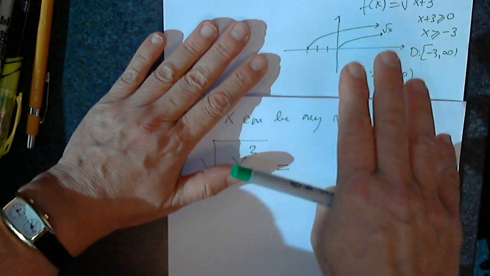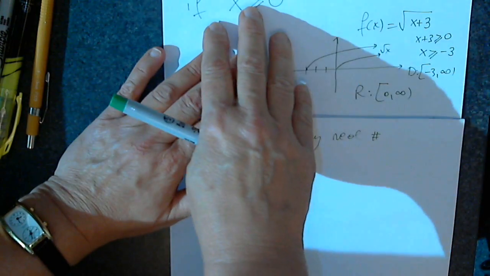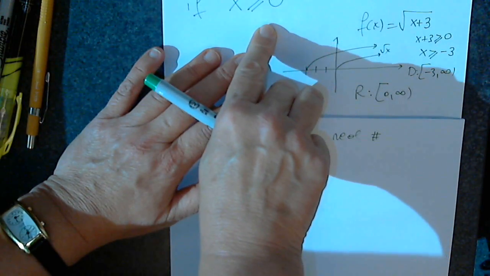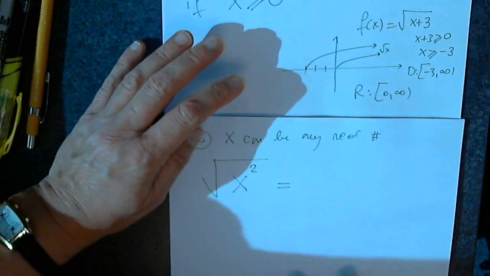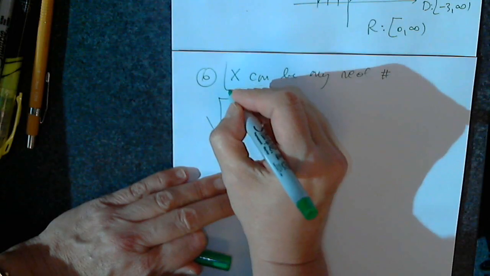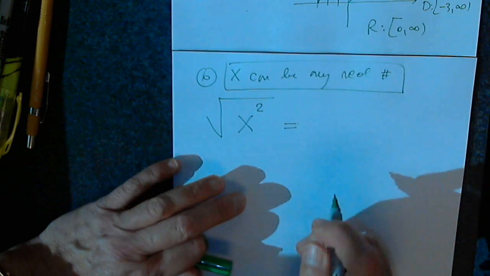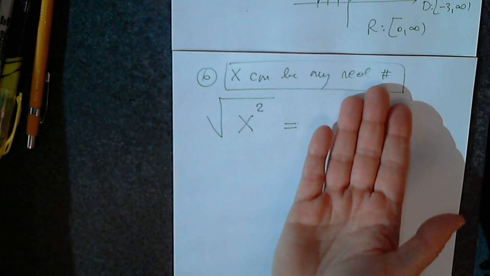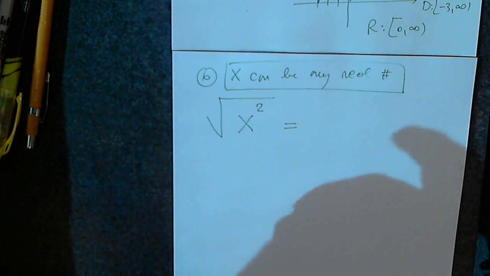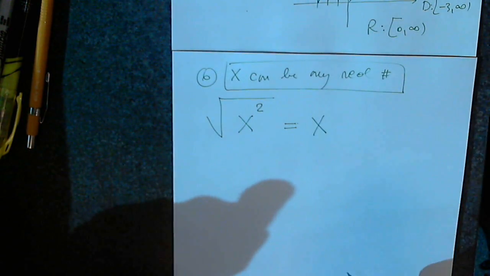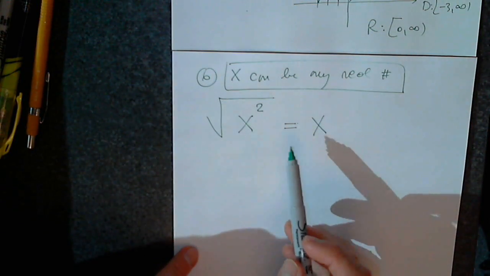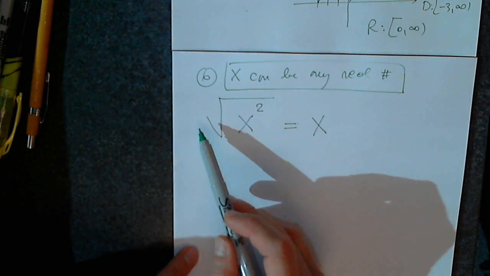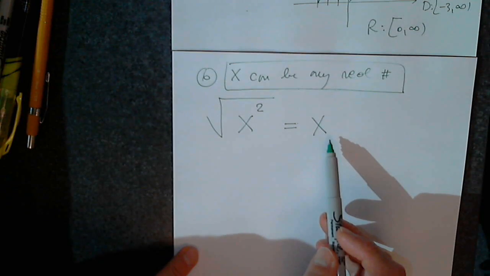I can write x only if I know that x is positive or 0. This will work. But if I'm told that x can be any real number, I can no longer write x because real numbers are also negative. So if I write x here, and x is negative 3, negative 3 squared is 9. The square root of 9 is not negative 3.